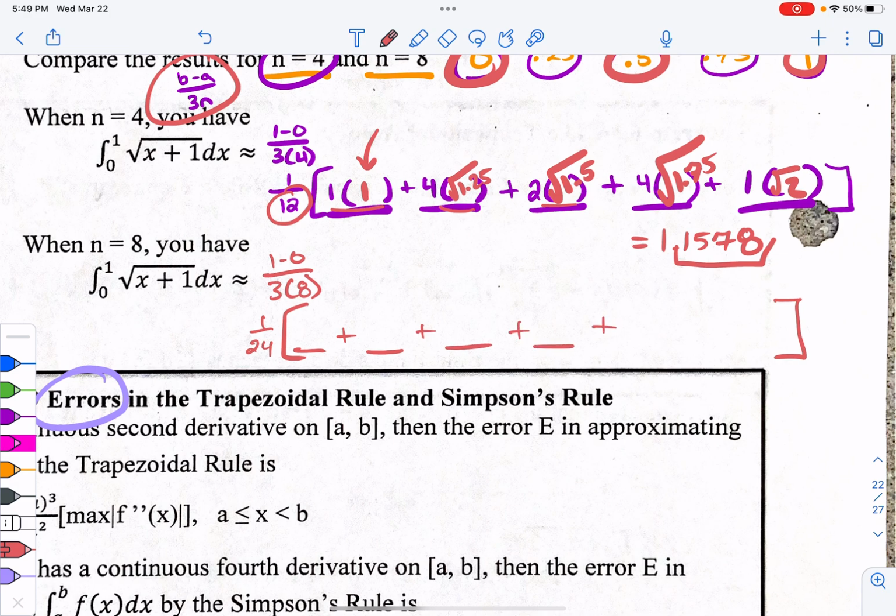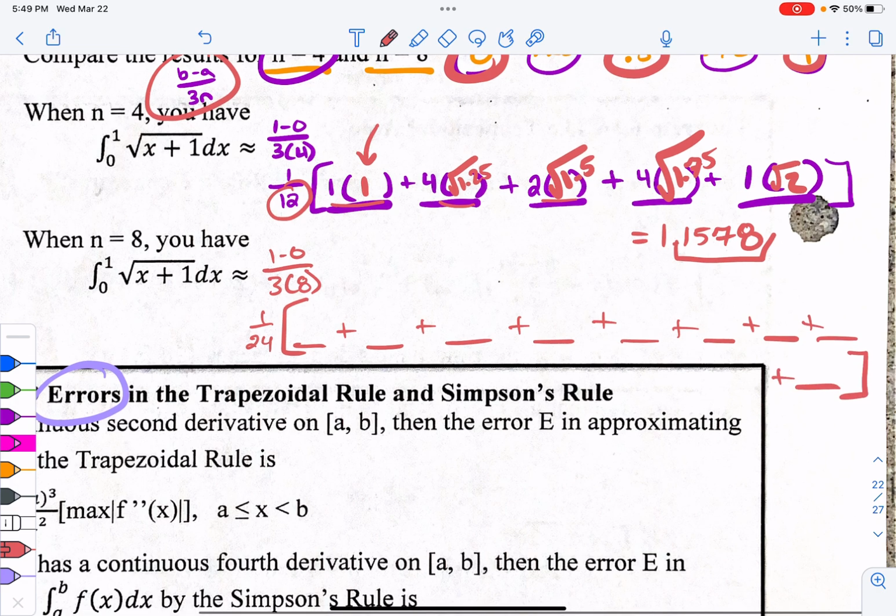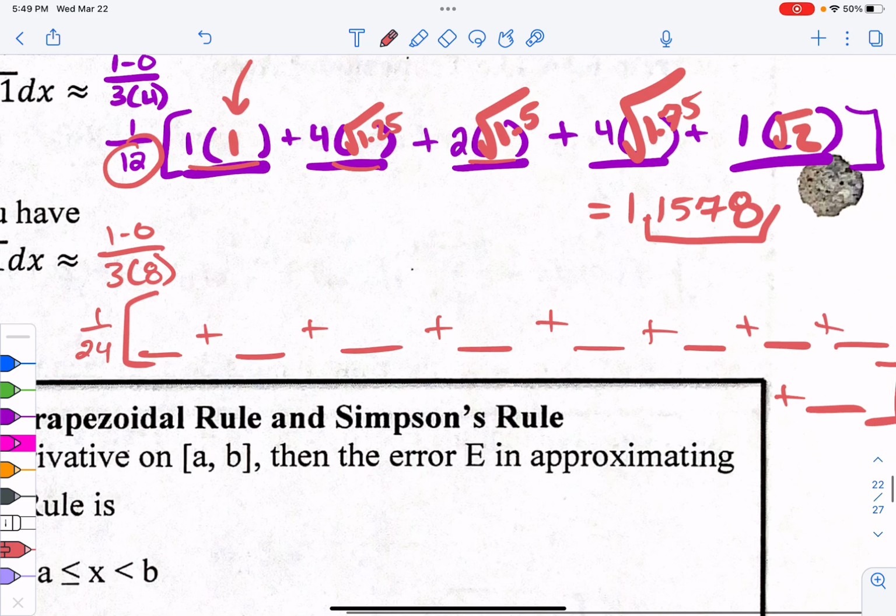Let's see, how many do I have? 3, 4, 5, 6, 7, 8 and 9. And now my coefficients still are 1, 4, 2, 4, 2, 4.